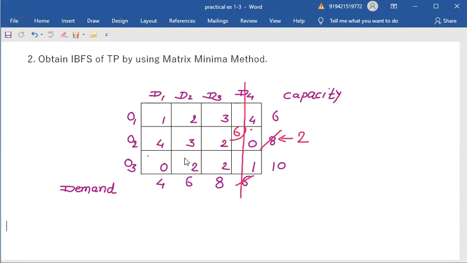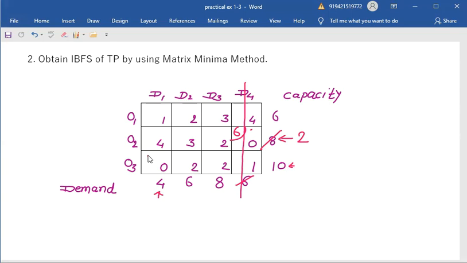Again, examine the cost matrix and select the cell with the lowest cost. Now this is the cell 3, 1, third row, first column, where we have the lowest cost 0. The requirement here is 4, and the available quantity at the third factory is 10. So we use the minimum of these two.